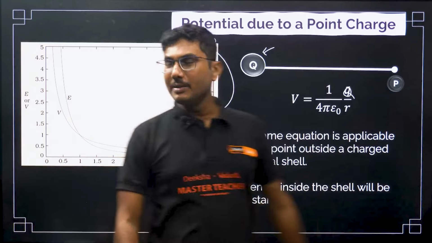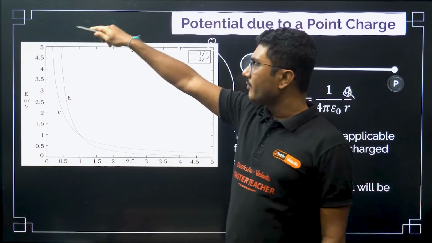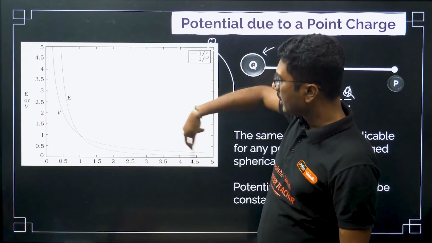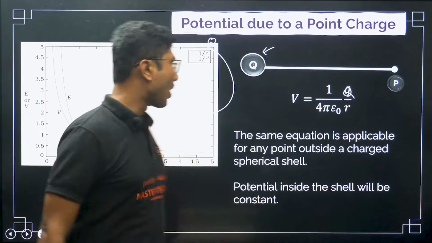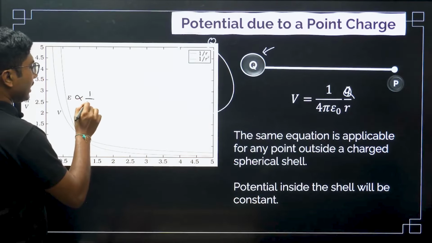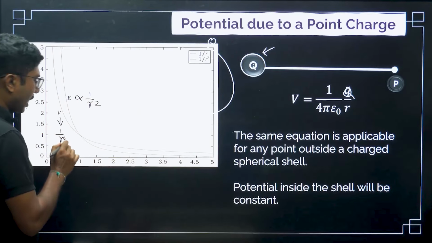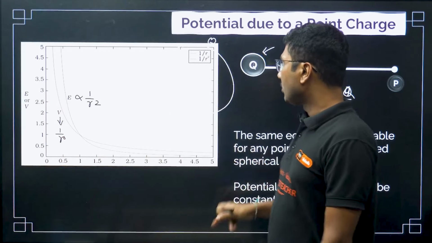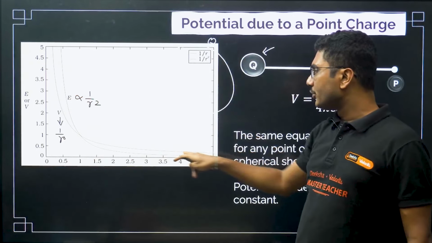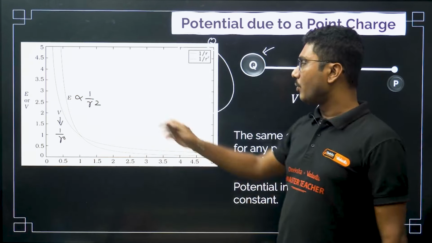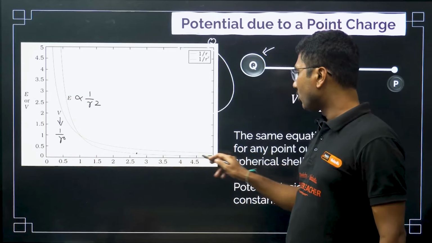Now if you see the E and V comparison graph, E basically starts at a higher value and falls rapidly, because E is proportional to 1 upon R square, whereas V is proportional to 1 upon R. This axis represents R. V starts at a slightly smaller value, but it goes to 0 very slowly compared to E. E goes to 0 quickly, whereas V is still not 0.